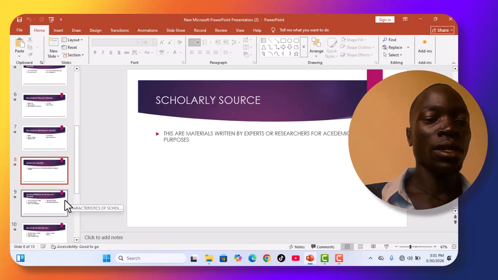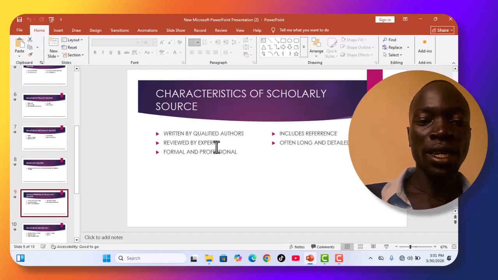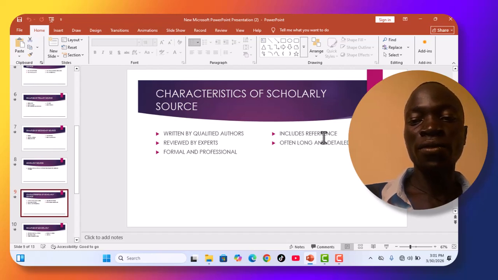So, characteristics of a scholarly source: written by qualified authors, reviewed by experts, formal and professional, includes references, and often long and detailed. So these ones come out when you're an expert in what you're doing.